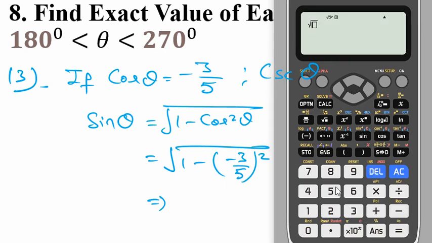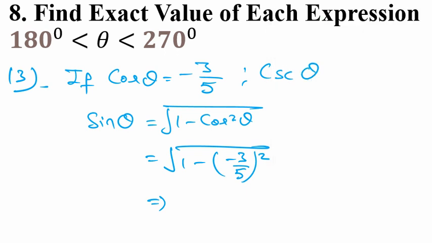Square root of 1 minus bracket negative 3 divided by 5, and then use the power. That gives us 4 over 5. So sine theta is 4 over 5, and I know cosecant theta is 1 over sine theta.